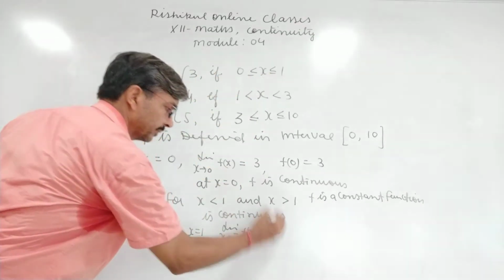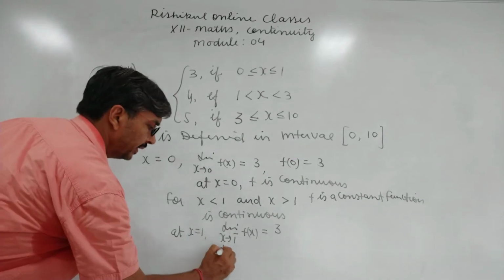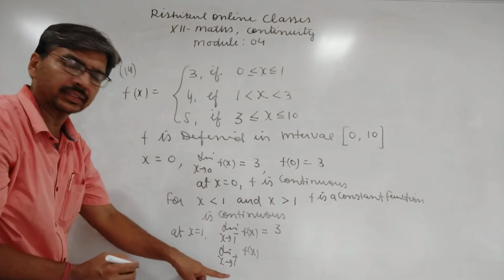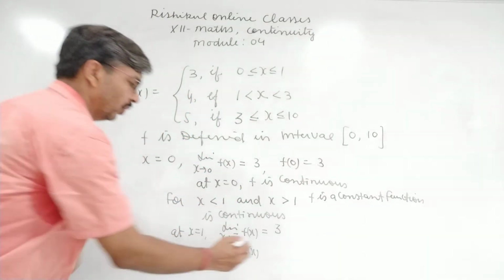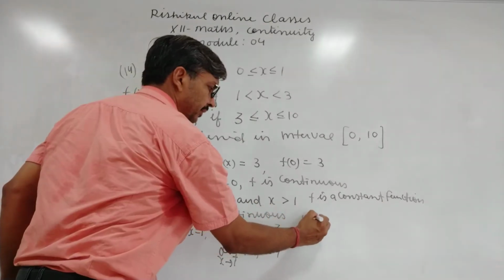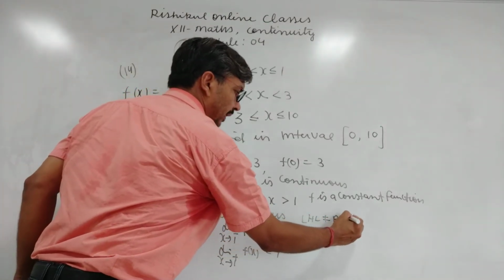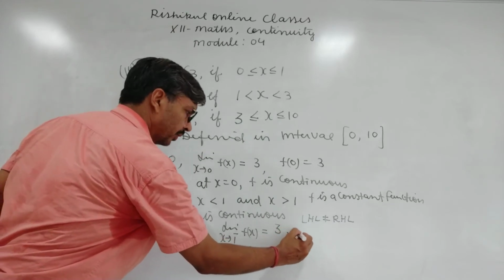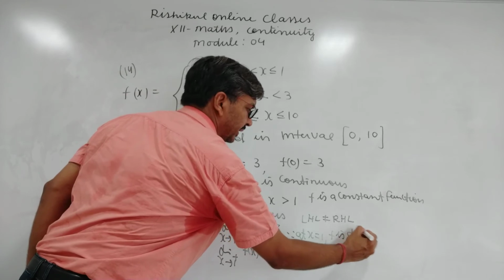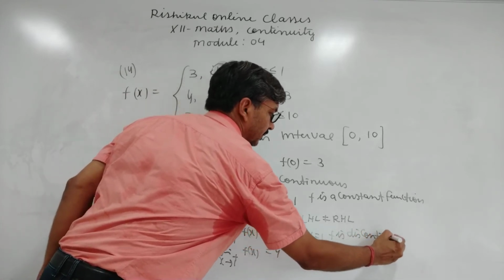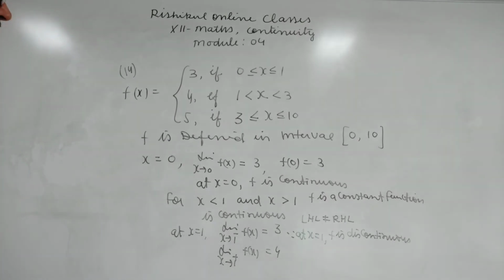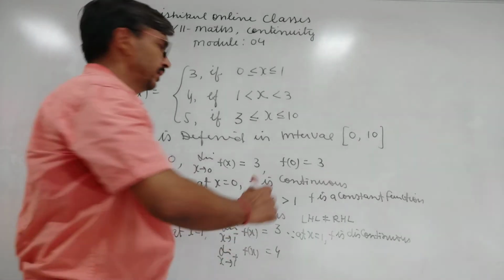And limit x tends to 1, f(x), right limit means x greater than 1, value 4. So here left hand limit is not equal to right hand limit, and therefore at x equal to 1, f is discontinuous.